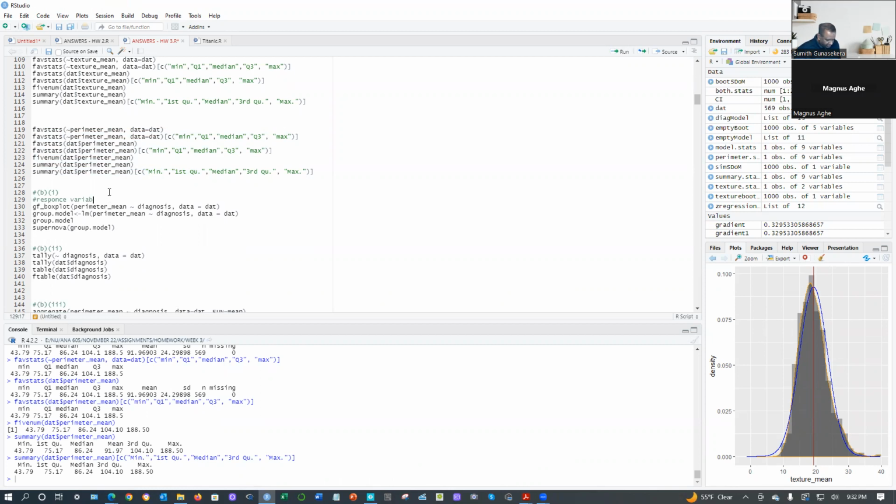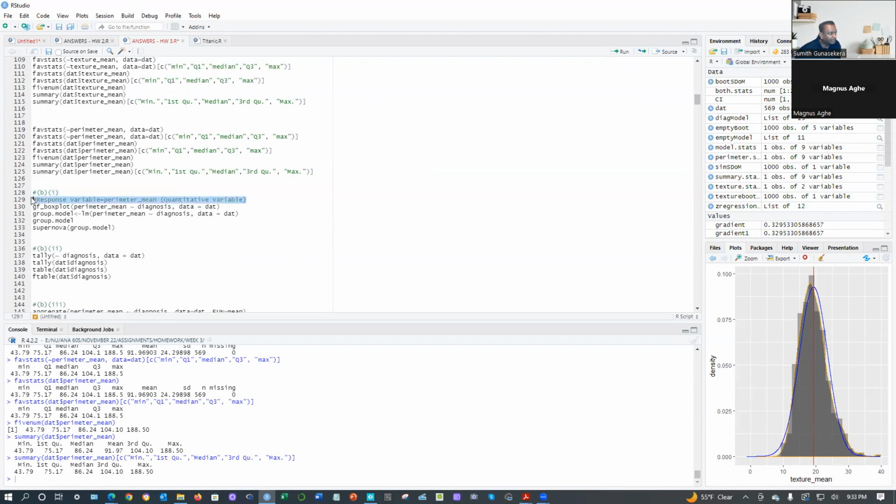The response variable would be perimeter mean, which is a quantitative variable.